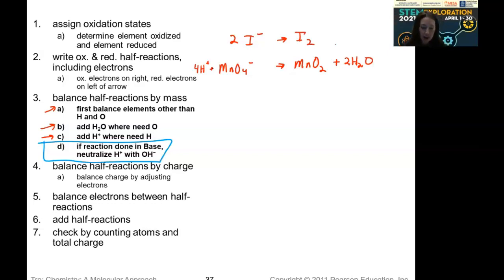If it's in base, you're going to neutralize the H pluses with OH minuses. So what we're going to do is add OH minus to neutralize our H pluses. So let me show you. I'm just going to write this exact equation right here so you can see this a little bit better.